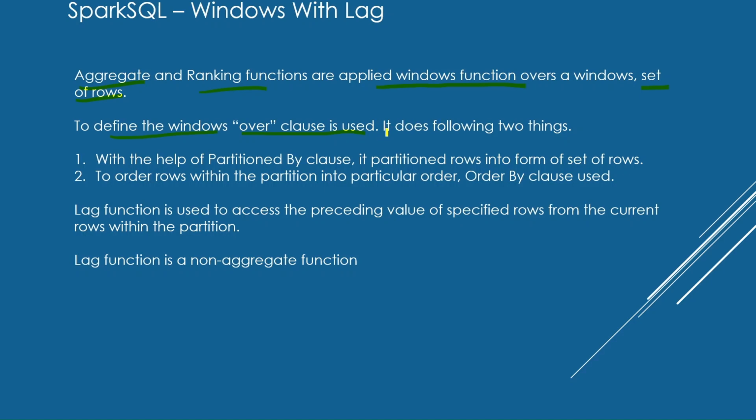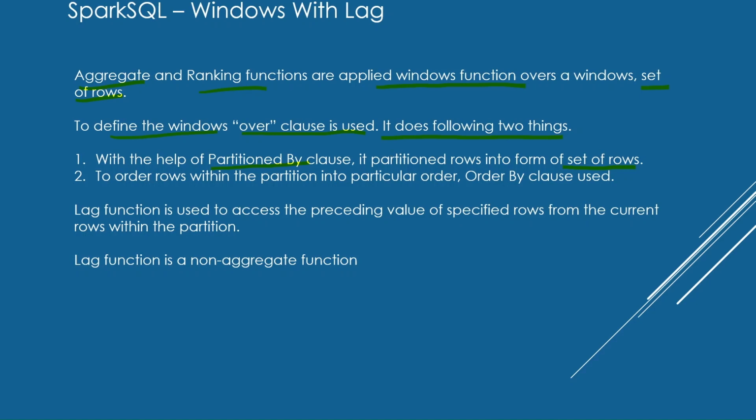While writing the query, with the help of an OVER clause, it generally does two things. It partitions the data with the help of a PARTITION BY clause, so all the data can come together and form a set of rows. For instance, suppose we are doing a PARTITION BY on the year column.